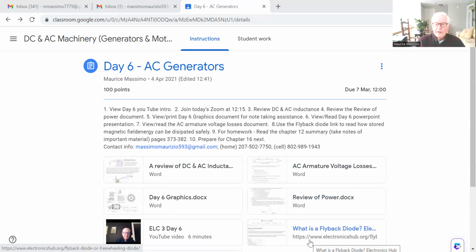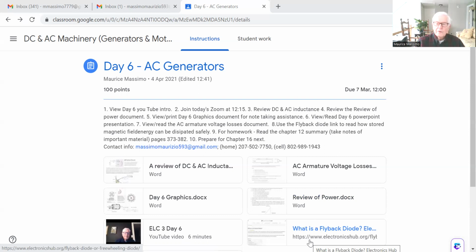We also recognize that in an AC circuit containing an inductor, energy is stored. We're going to be using some DC permanent magnets in a lot of these machines.